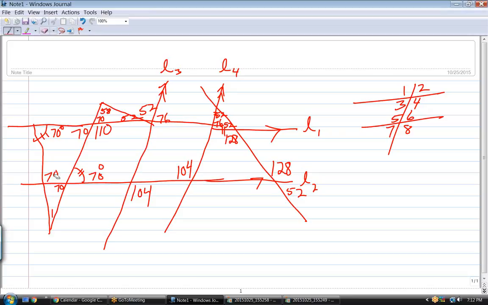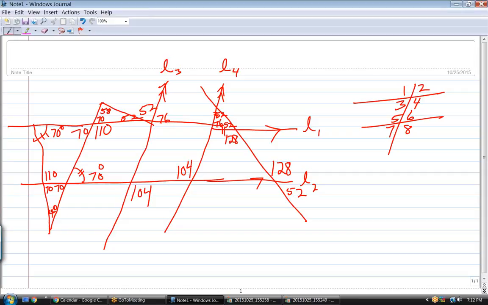Excuse me. That has to be 110. Adjacent angles are supplementary, not equal, which means this has to be 70, which means L has to be what? 40 degrees? I think you got it figured out.